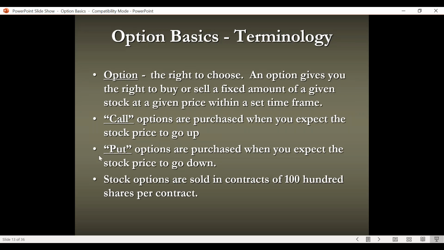And again, if you can just keep it simple for now, if you don't fully understand how, just understand that a call option is going to go up in value if that stock goes up in value. A put option is going to go up in value when the stock goes down in value. And if you keep it that simple, you can make money with options.